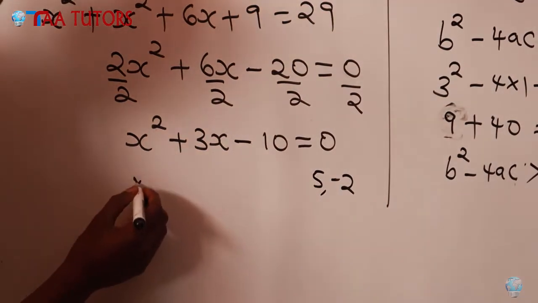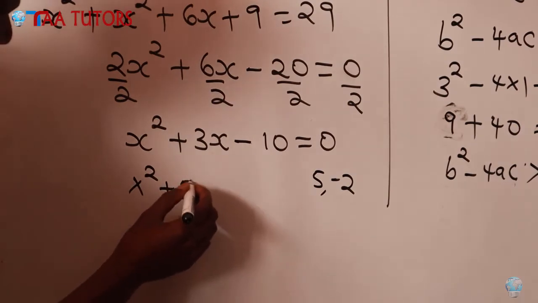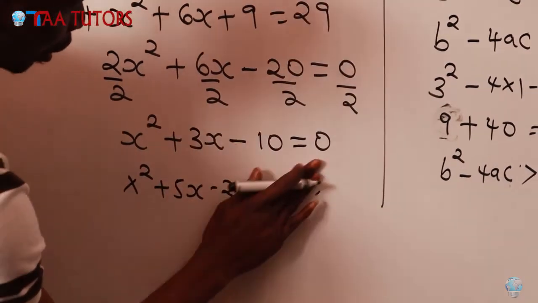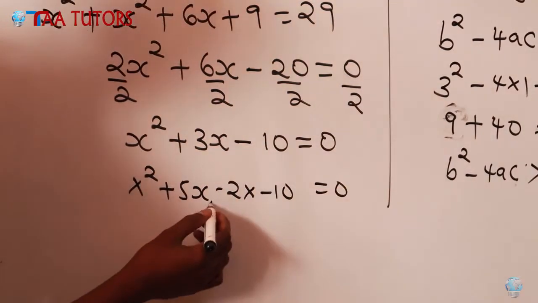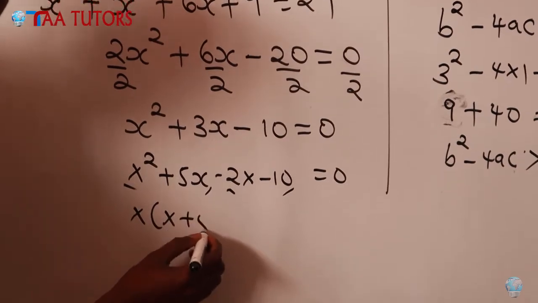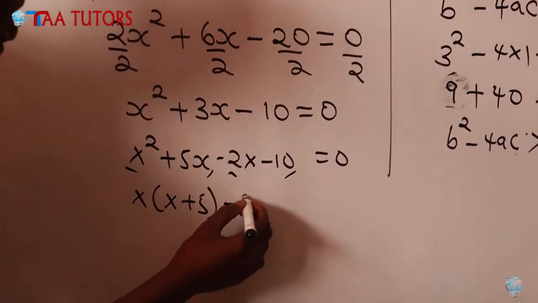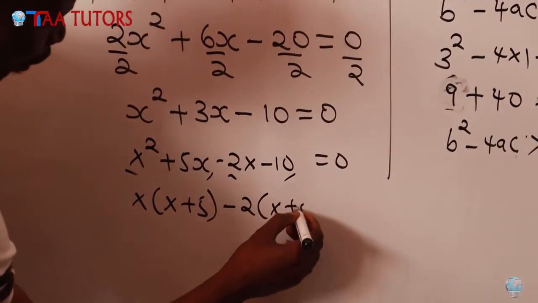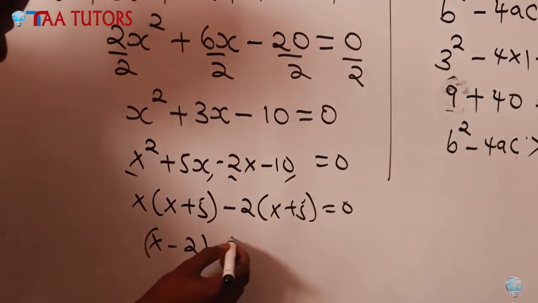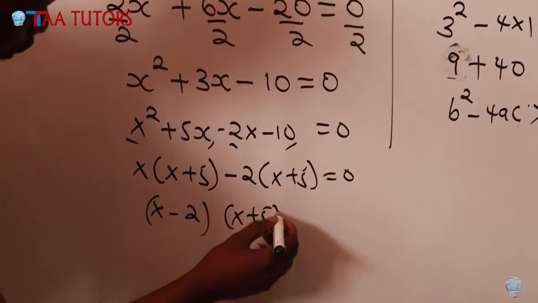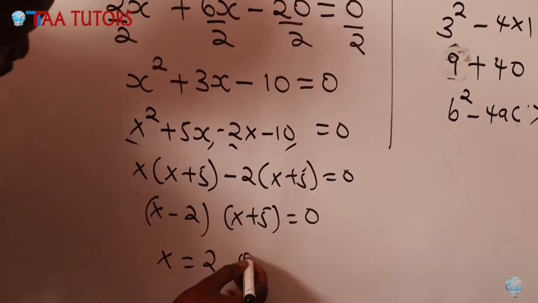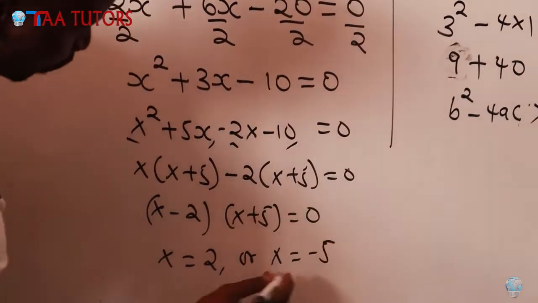So we are going to have x squared plus 5x minus 2x minus 10 equals 0. If you group these two, we have x into x plus 5 minus 2 into x plus 5 equals 0. So this is x minus 2 into x plus 5 equals 0. So we are going to have x equals 2 or x equals negative 5.